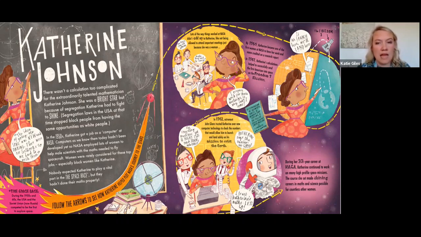So it's almost a hybrid. It's an information text, but it's also a mini biography. We've got an information text, but we've also got a biography, because as we read, we can see that it goes in chronological order, outlining the key events within Katherine's life.